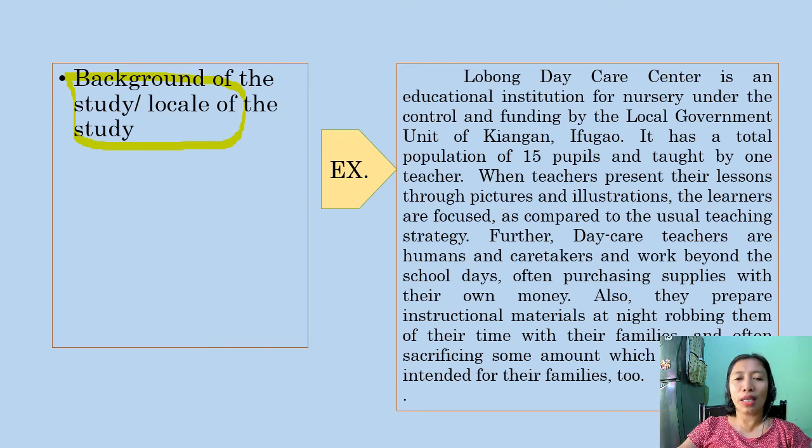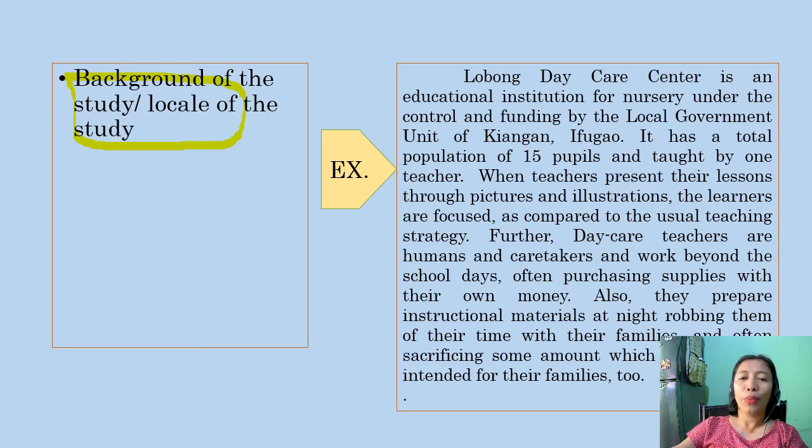It means you narrow down now your research area, focusing on where you are going to conduct your research study. In this example, Lobong Daycare Center. This is what they chose, Ayla. This is an educational institution for nursery under the control and funding by the LGU of Kiangan, Ifugao.